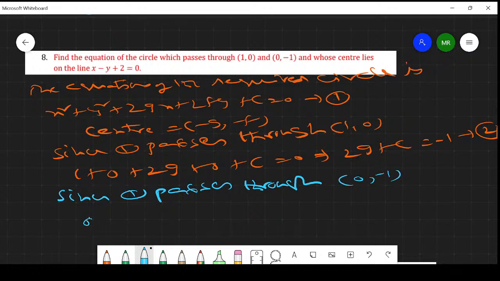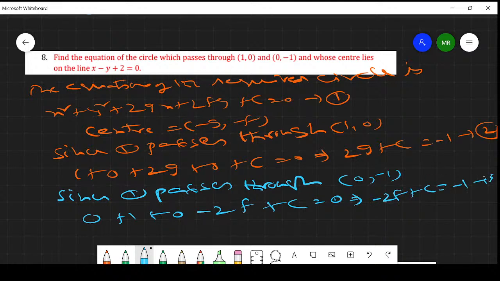X is 0, y is minus 1, so minus 1 whole square is plus 1, plus 0 for x. It will come minus 2f plus c equal to 0, which implies minus 2f plus c equal to minus 1. Let it be equation 3.